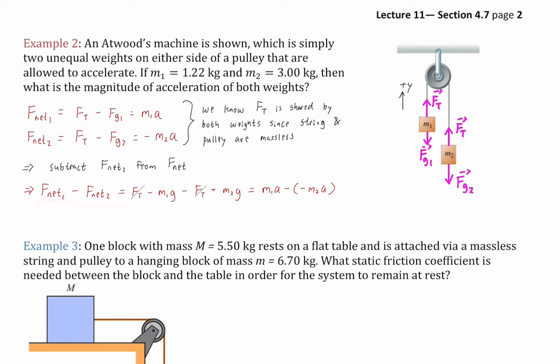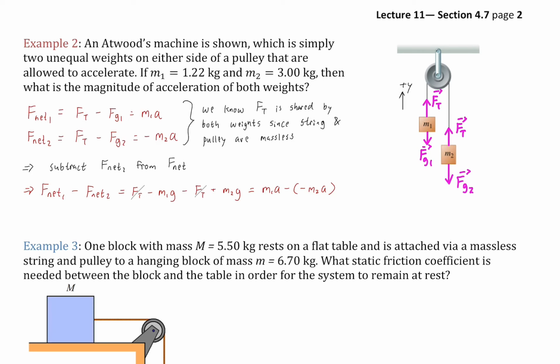So then when we have Fnet1 minus Fnet2, Fnet1 is this here on the left-hand side, and then we're going to subtract Fnet2. So we'll subtract the friction, and if I'm subtracting this term, I'm going to distribute the negative so it becomes positive, and the gravitational force on block 2 is just M2G.